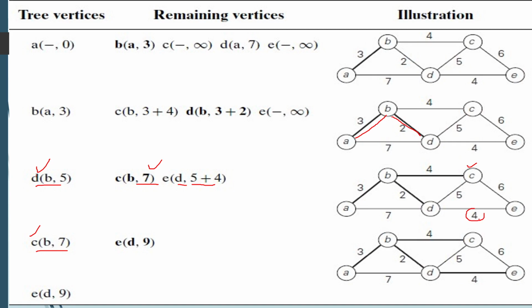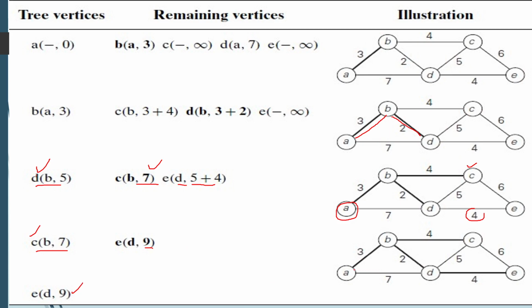But here you are not writing 4, because you have to find the path from source A here. That's why A to B and B to D path is already selected, and the distance is 5. 5 plus 4, it is 9 now. So this is the only one vertex left, that one I selected.